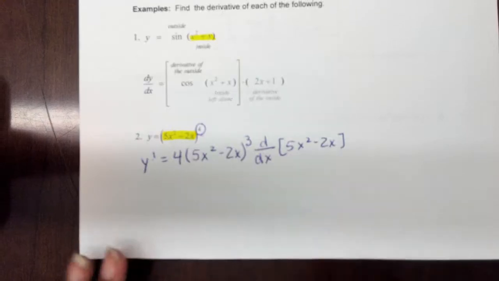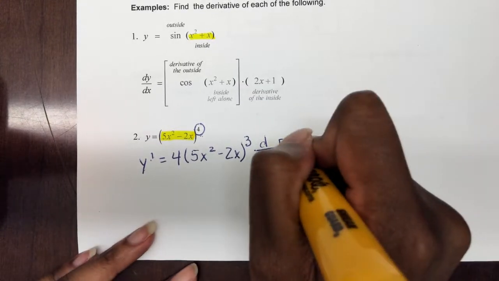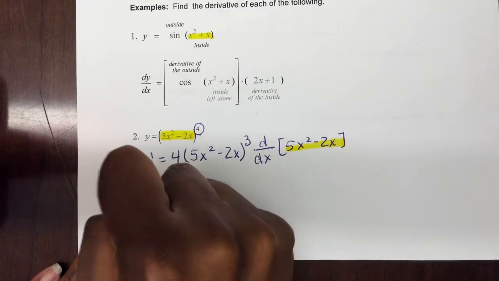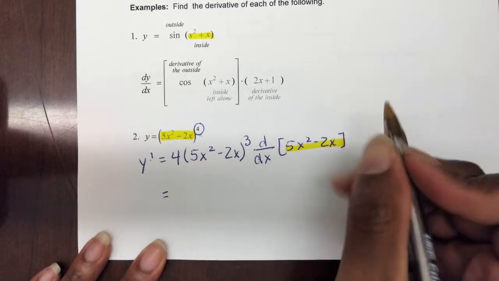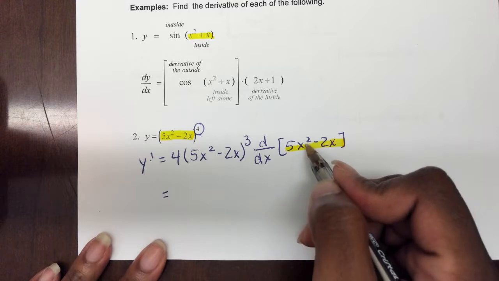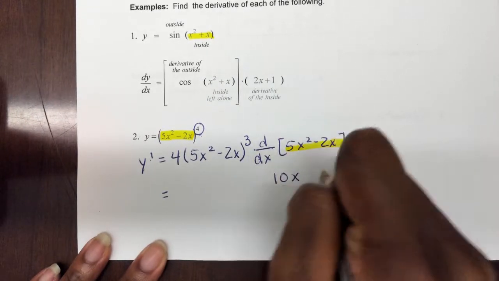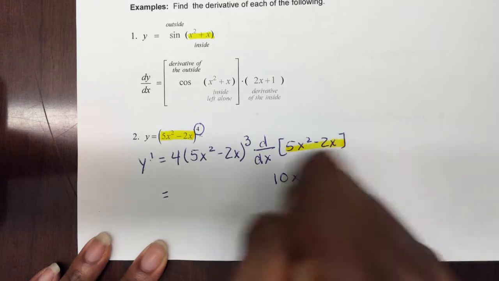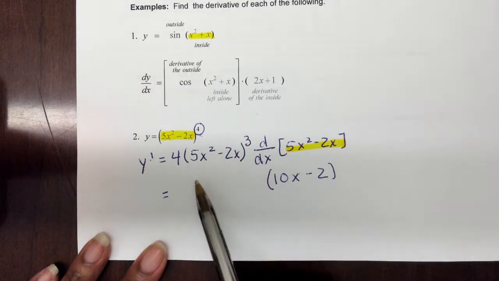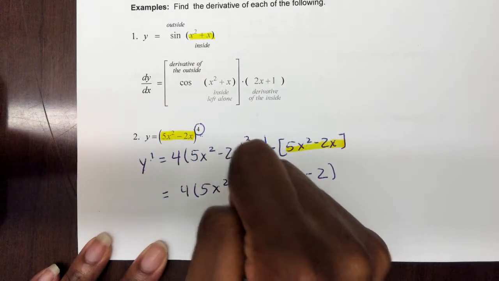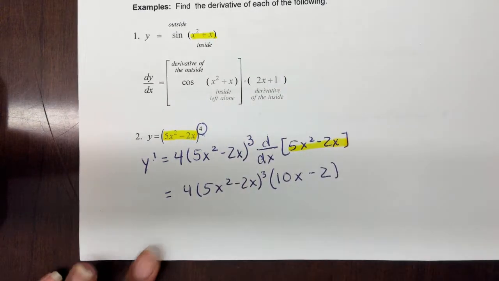So this was the mama, and this is the baby. So the derivative of the baby is equal to 2 times 5, which brings me 10x minus 2. And this is 4 times 5x squared minus 2x to the third.